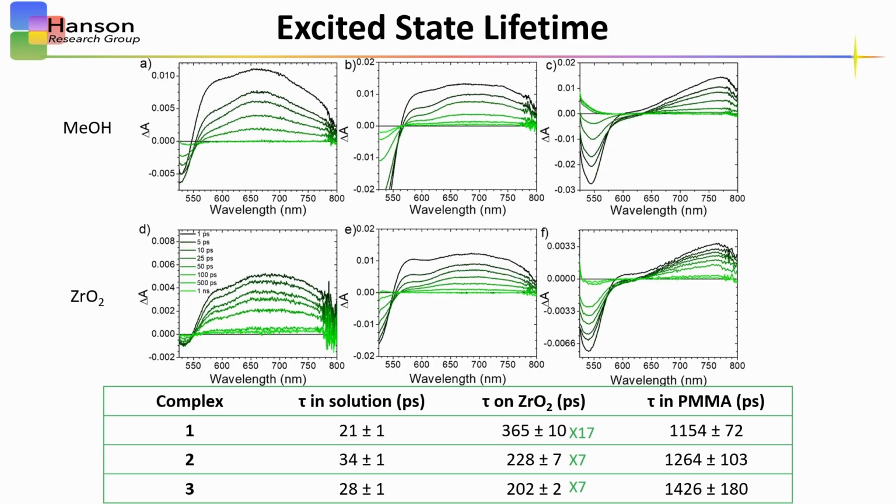We then compared our complexes on the surface to our complexes suspended in a solid solution, in this case PMMA, and we found that complex 1 is most similar to our solid solution data, thus indicating that that increase in lifetime is likely due to the decrease in distortion.